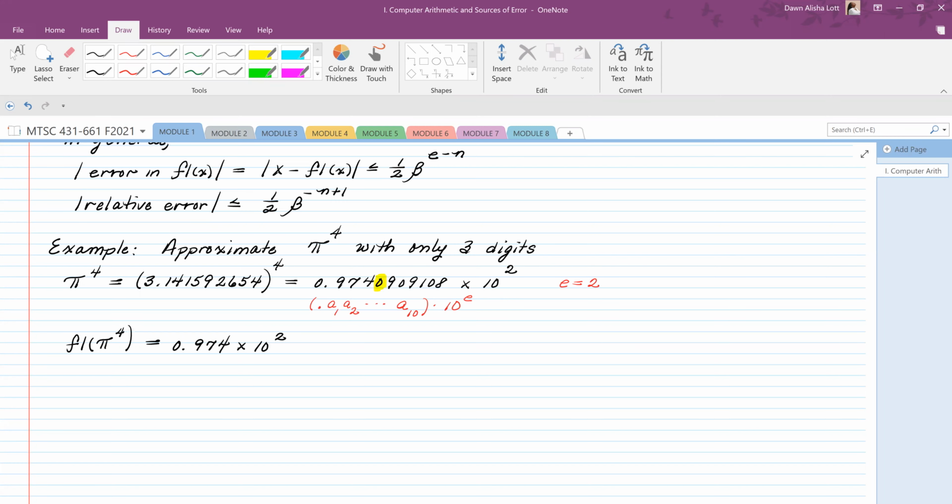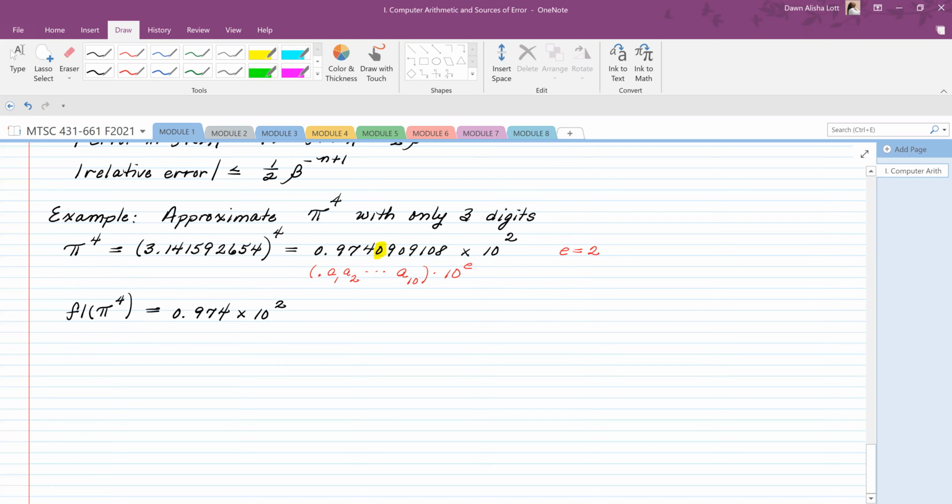So let's check the error. From our formula, the absolute value of the error in what we're calculating for pi over 4 should be less than or equal to 1/2 times 10 to the E minus N. N is 3 because I'm trying to approximate it to 3 digits, and this is 10 squared, so E is 2.